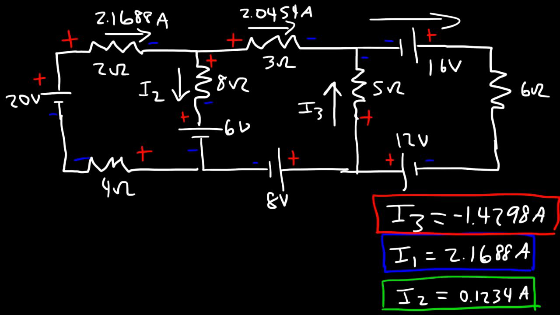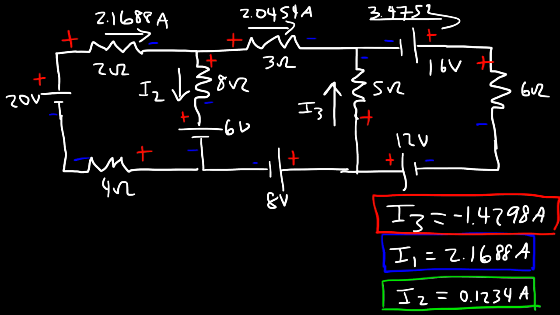So that's 2.1688 minus I2, which is 0.1234, minus negative 1.4298. So the current that should be flowing in this branch is 3.4752. Now it's flowing through this resistor. So this is the positive side of this resistor, and this is the negative side.